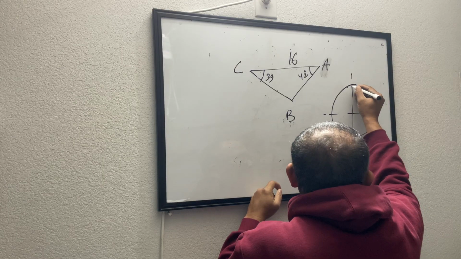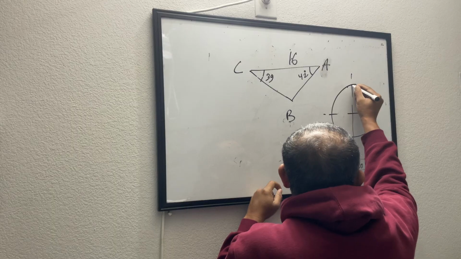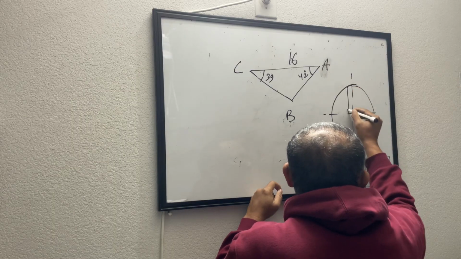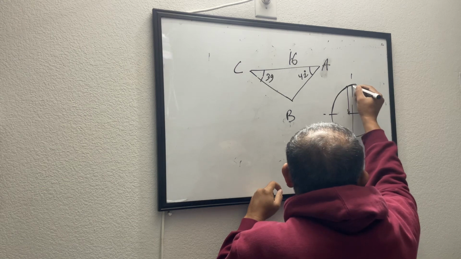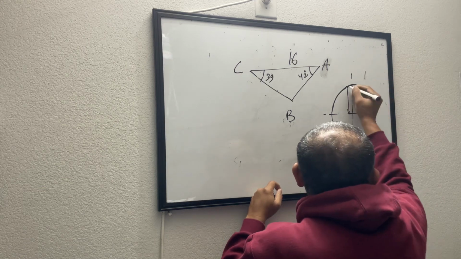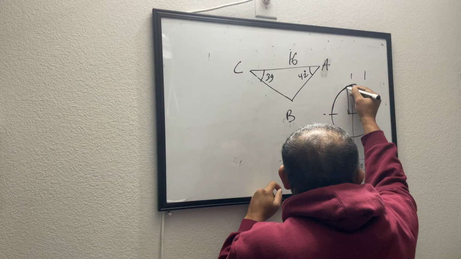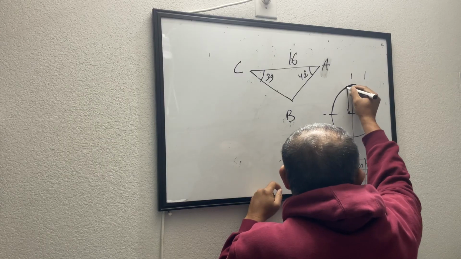Meaning after 90, when you increase, your y coordinate value is decreasing gradually, correct? So if sine of 90 is 1, sine of 99, which is after 9 degrees, would have come down a little bit.